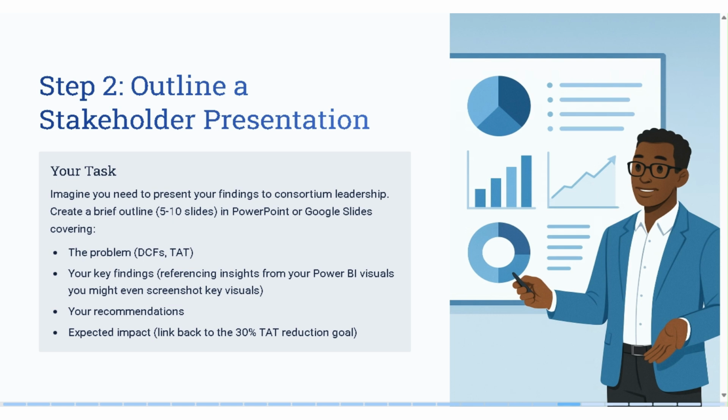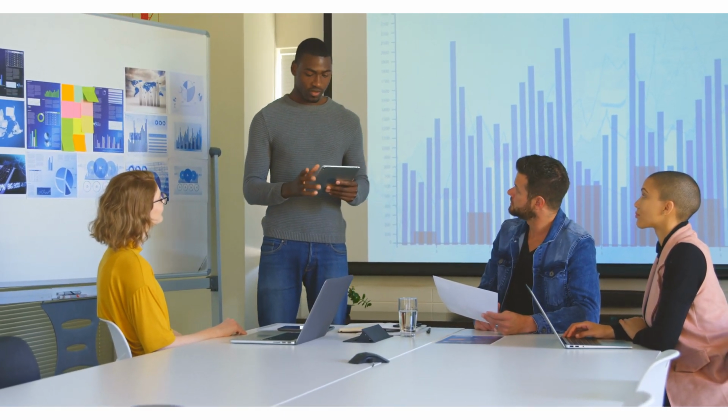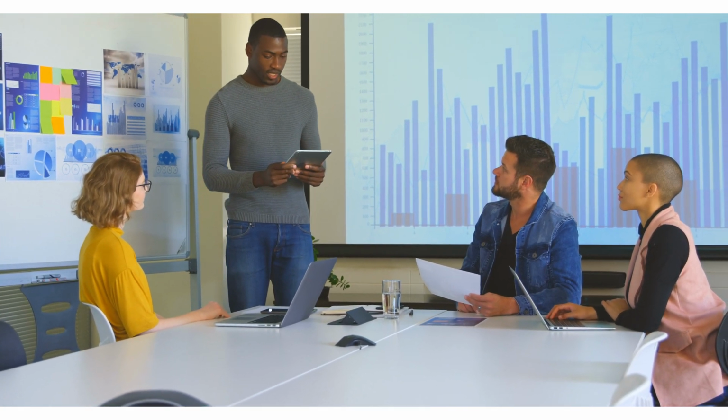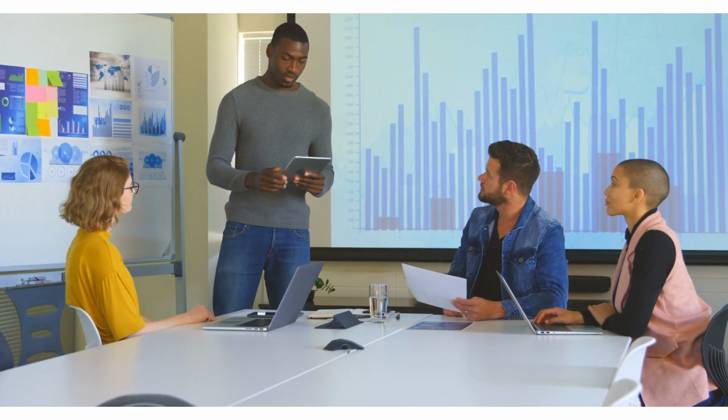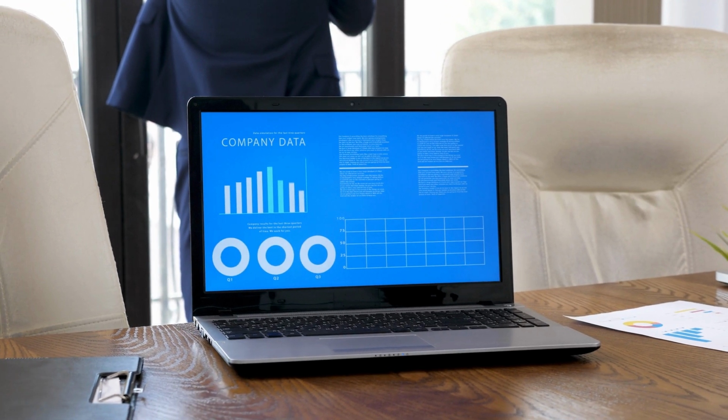Step 2, you're outlining now a stakeholder presentation. So now you're getting ready to present your data. This is where you create your presentation. So you need to cover in this presentation, 1, the problem. Secondly, your key findings, referencing insights from your Power BI visuals.